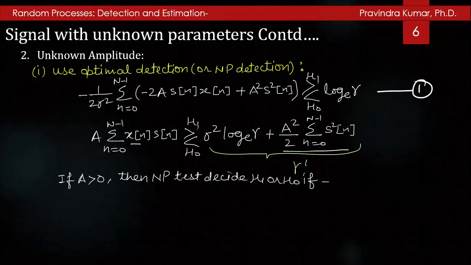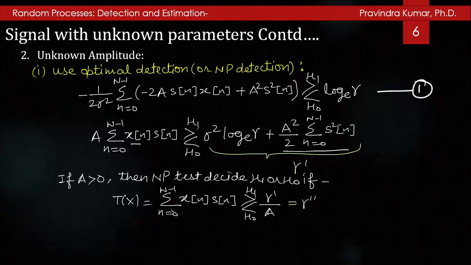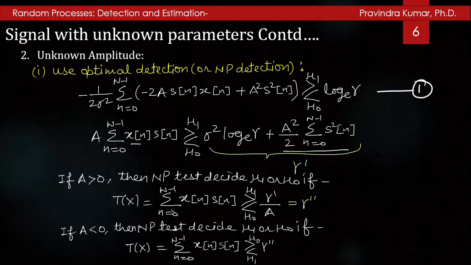If A is greater than 0, then the NP test decides H1 or H0 if the test statistic, summation n=0 to N minus 1 of x[n] s[n], is greater than or less than gamma dash by A, the new threshold value gamma double dash. And if A is less than 0, then the NP test decides H1 or H0 if the test statistic summation n=0 to N minus 1 of x[n] s[n] is greater than or less than gamma dash.